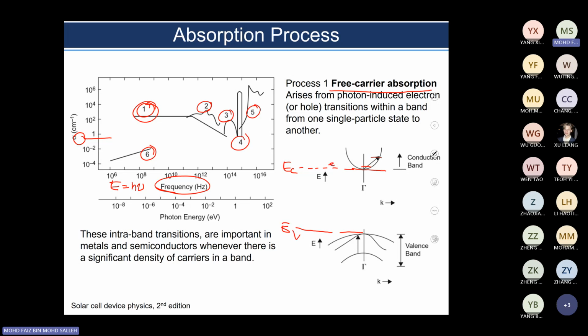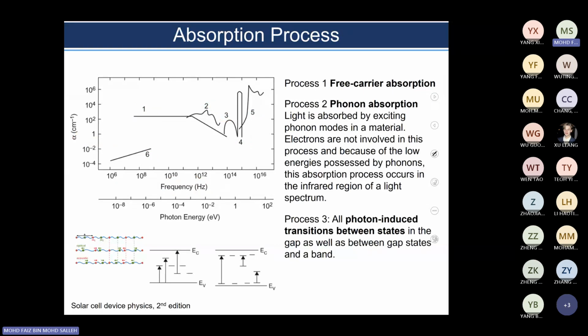So the electron moves or makes a transition between energy states inside the band. It's not interband, but inside the band. That is what happens for free carrier absorption at lower energy. The second one is at a little bit higher energy.